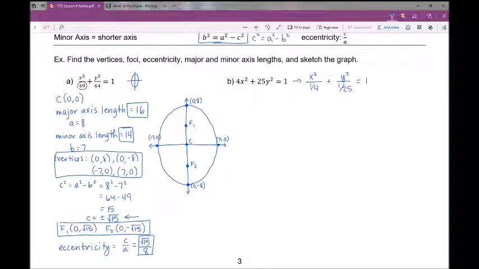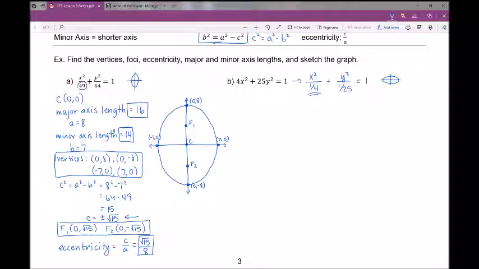Okay? And now, the first thing you should notice is what is the orientation of your ellipse. So if you notice, the bigger number is underneath x, that's the 1/4. 1/4 is larger than 1/25. So this is going to be a horizontal ellipse. So it's going to look something like that. Okay?